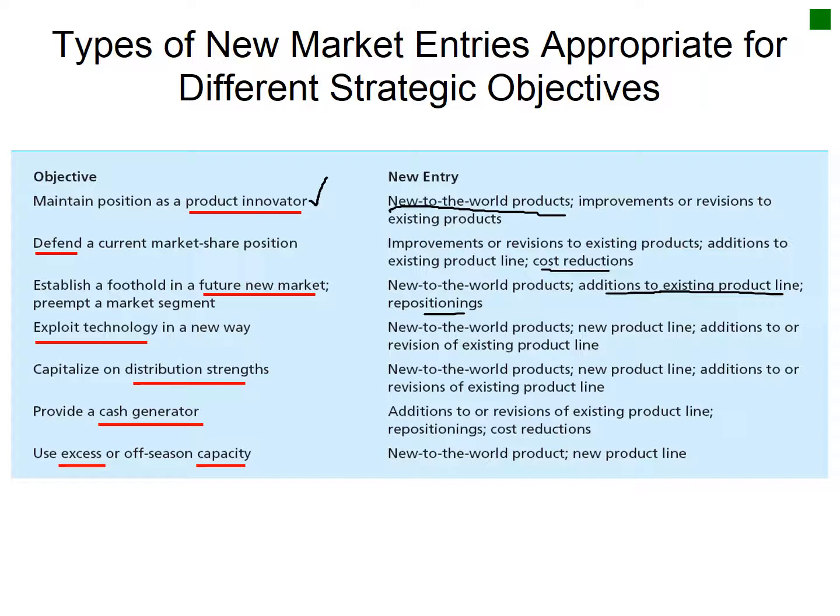If we have a new to the world product, we're very often wanting to take advantage of some type of technology we have available to ourselves. We also think about other issues such as cash generating, distributing our product, and also liquidating excessive capacity as options and objectives that we may have when we start thinking about developing new products and entering the marketplace with some specific objectives in mind.